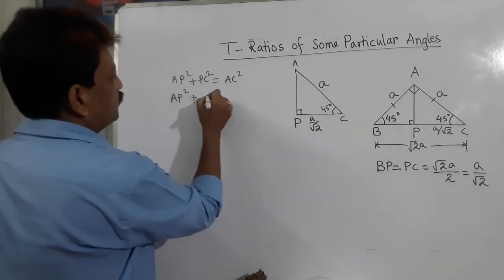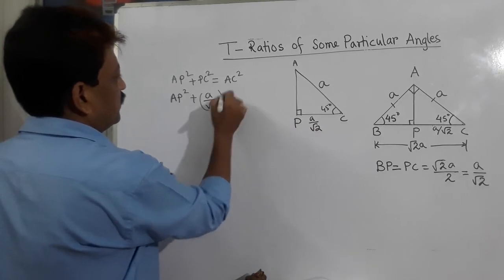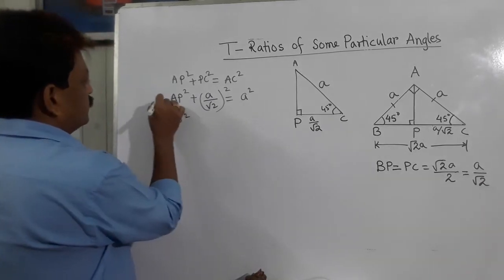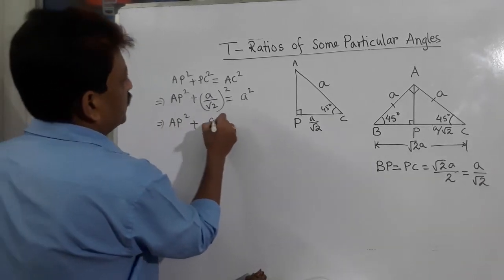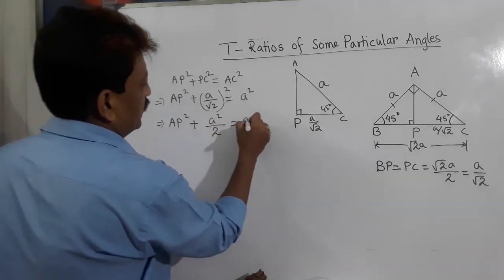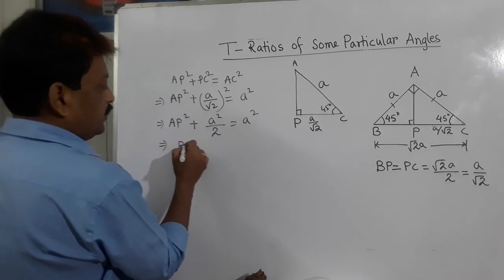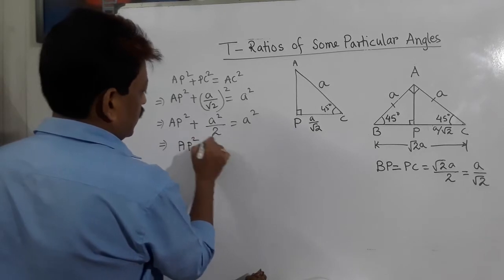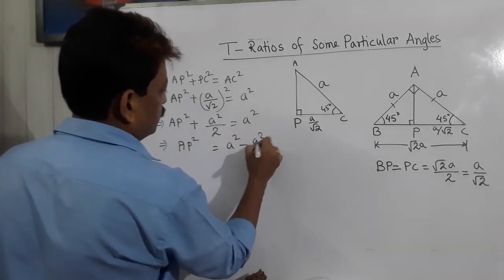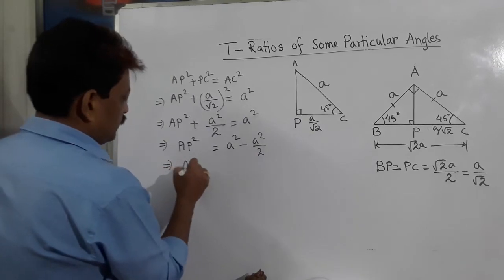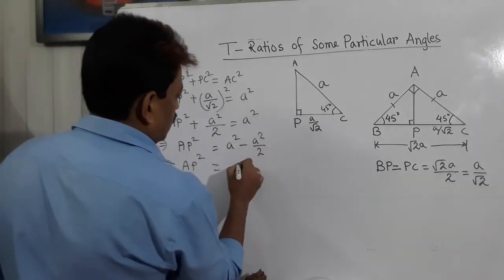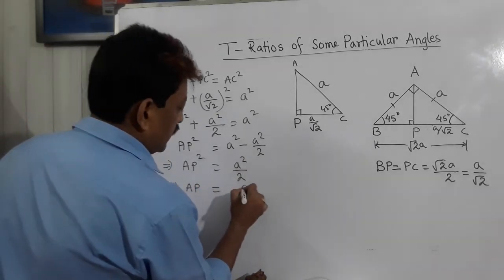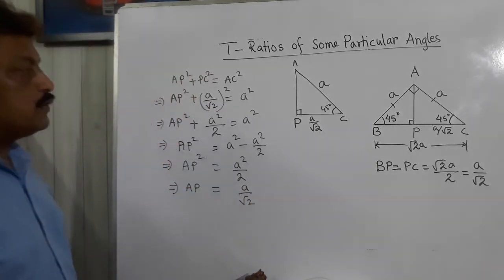PC is A upon root 2, so A upon root 2 whole square, and AC is A square. Therefore AP square plus A square upon 2 is equal to A square. So AP square is equal to A square minus A square upon 2. That means AP square is equal to A square upon 2. So AP is equal to A upon root 2. So AP is also A upon root 2.